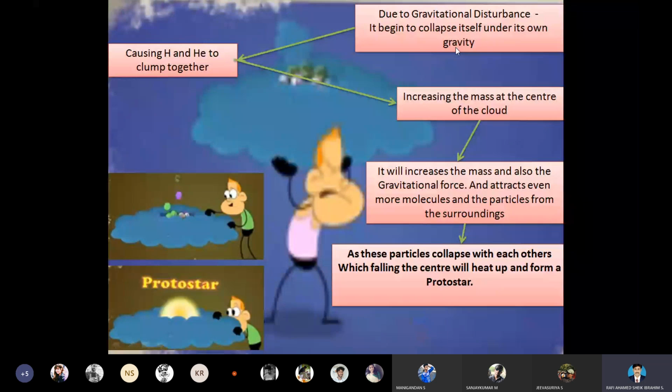During this collision, it causes helium and hydrogen to clump together at the center under its own gravity. This increases the mass at the center of the cloud, and also the gravitational force.